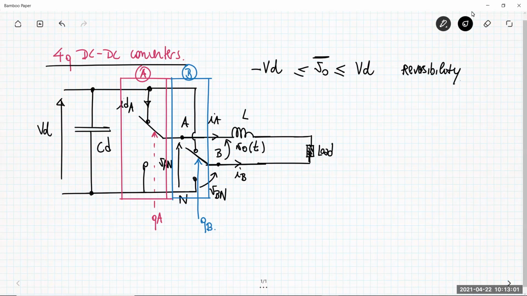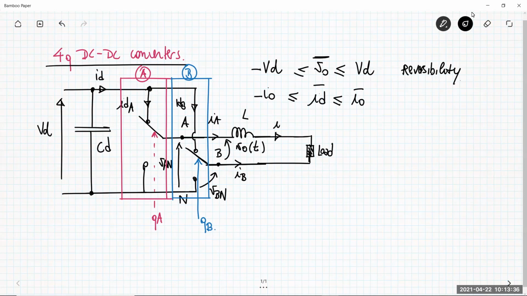Then we also need the bidirectionality of the current. So we want to maintain the basic characteristic of the two-quadrant converter. It means that the current flowing through the load should be bidirectional. It is the same as saying that the current ID at the input of this four-quadrant converter should be bidirectional, okay? So we can say that the ID average value should be positive or negative.